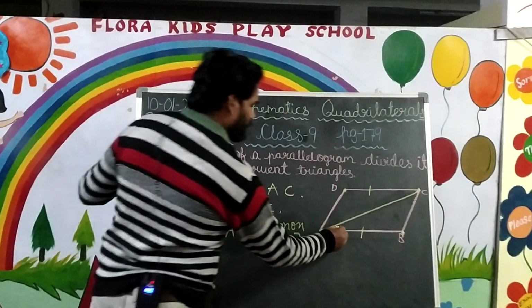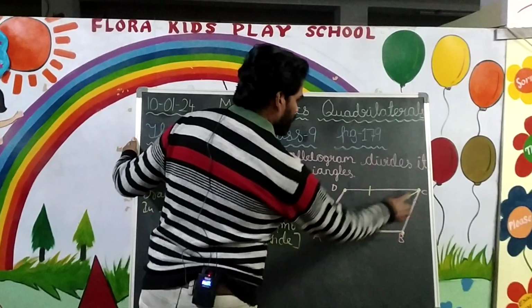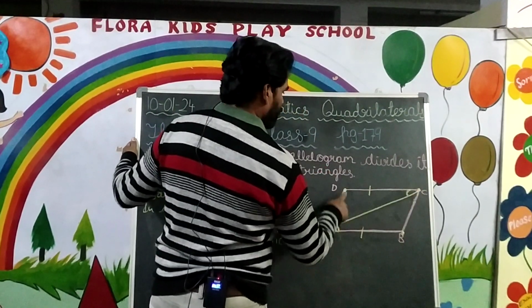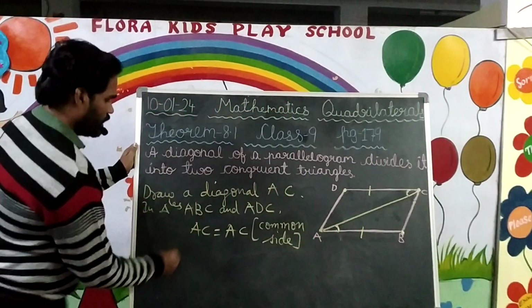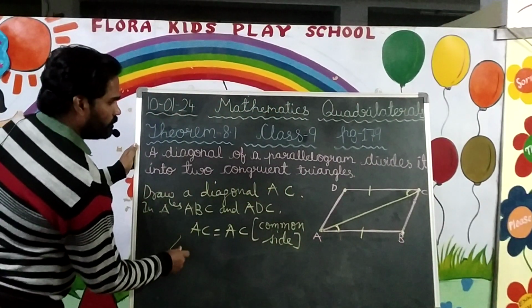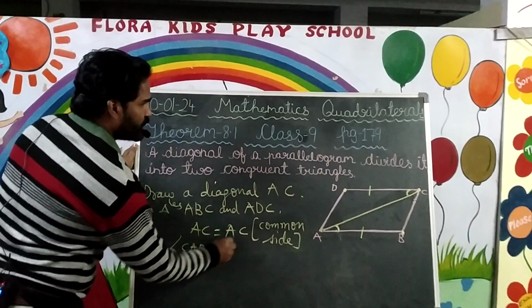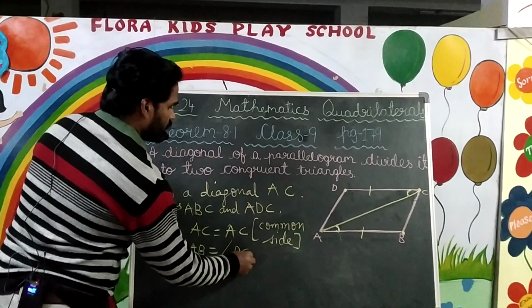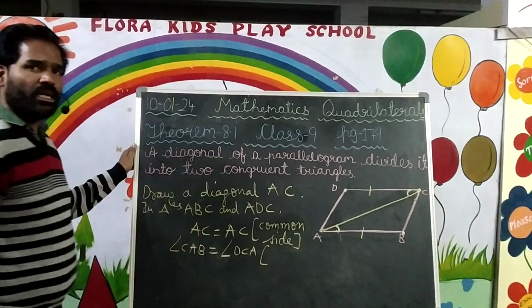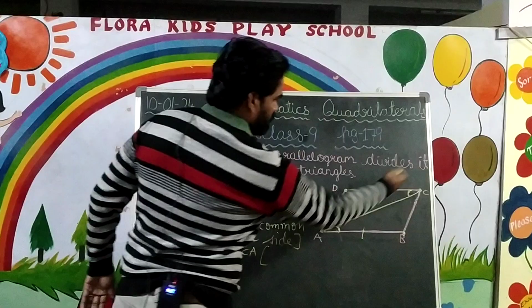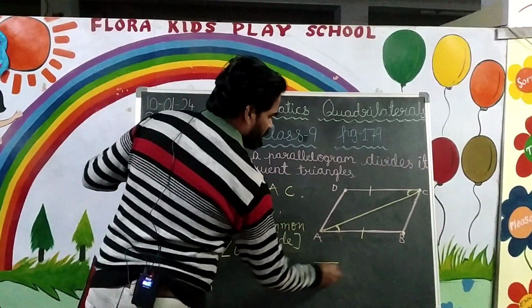Second thing, there is an angle here which is the angle CAB, and there is an angle here which is the angle DCA. So I'm writing angle CAB equal to DCA. Why are they equal? It is because there are two parallel lines and a transversal that is cutting them. Observe carefully.